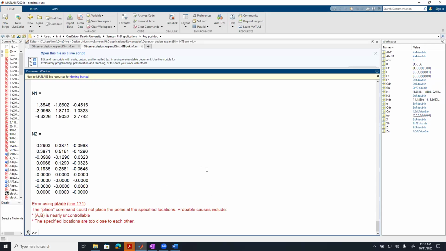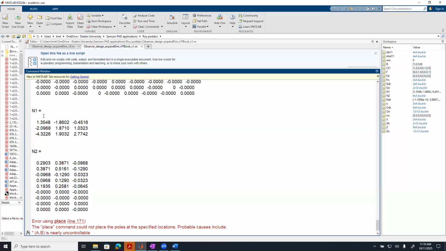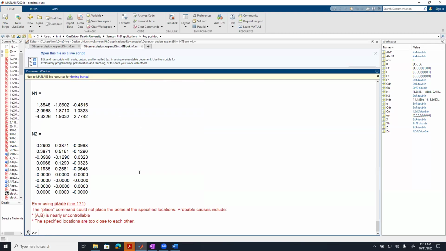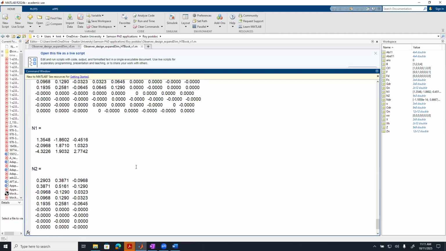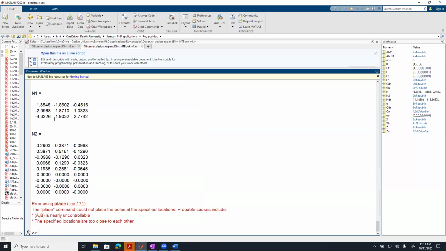We basically obtain a pair of matrices N1 and N2. Now the issue with this situation is that this pair N1 and N2 is not observable.